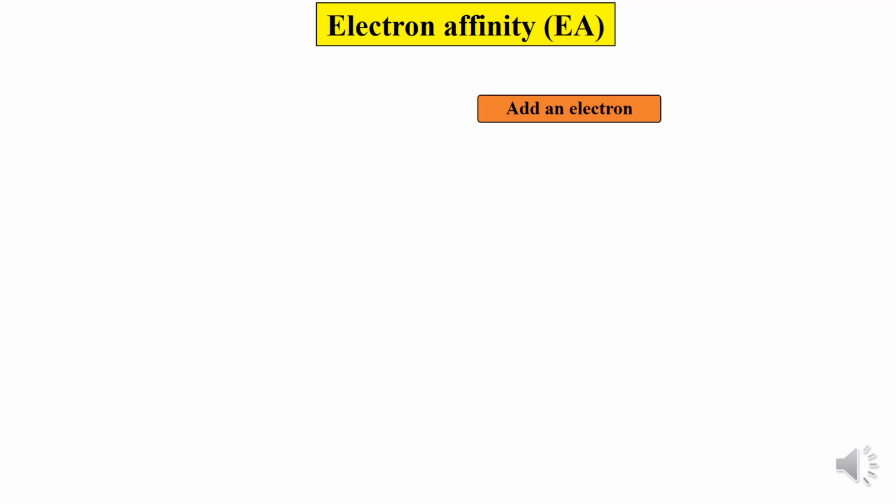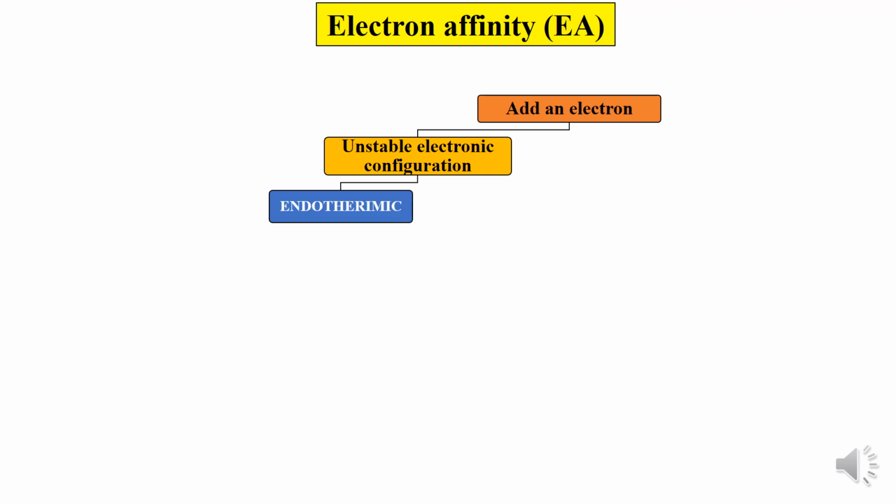Now when dealing with electron affinity values, you should look at what happens to the stability of an atom after an electron is added. When you add an electron to an atom, there are only 2 possible things that can happen. Number 1, it can lead to an unstable electronic configuration, which will be an endothermic process shown by a positive value.